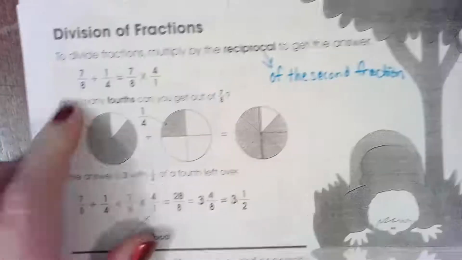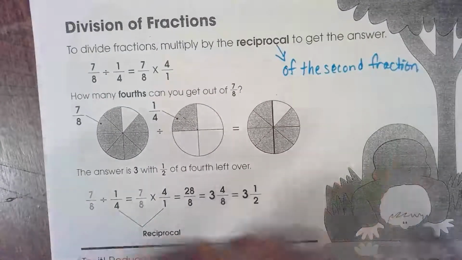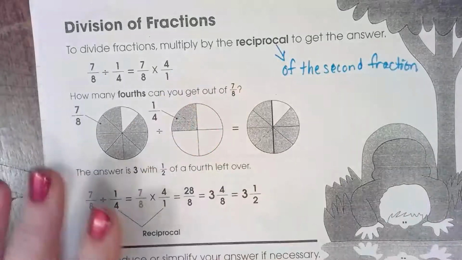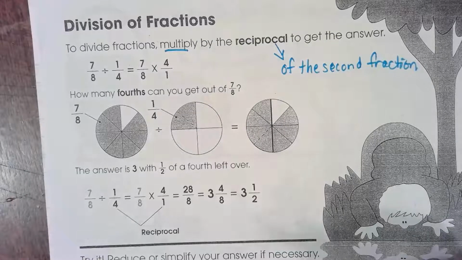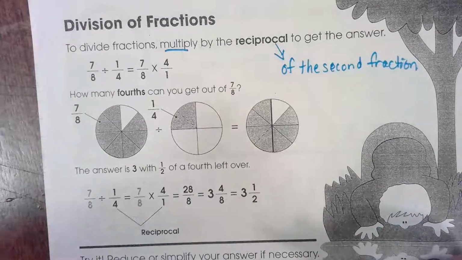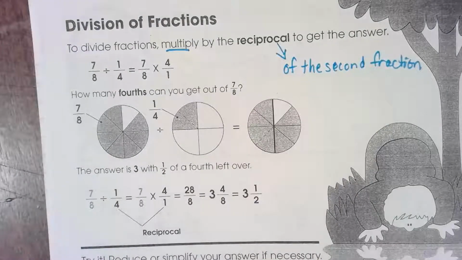We flip our second fraction and multiply. So we're going to flip the second fraction to the reciprocal, and we flip from dividing to multiplying.